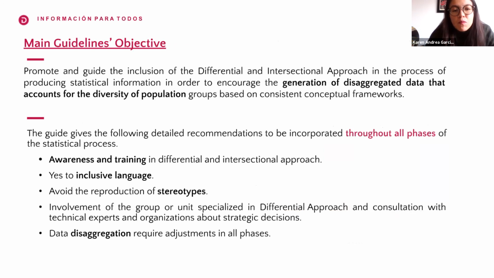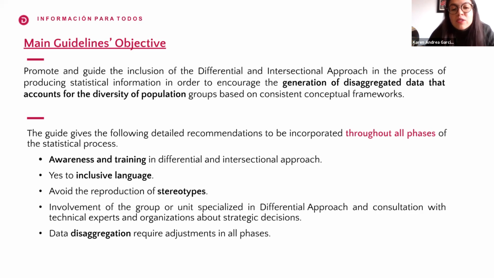Well, just talking a bit about the main objective of the document, we want to promote and also guide the inclusion of differential and intersectional approaches in the process of producing statistical information in order to encourage the generation of disaggregated data that accounts for the diversity of population groups based on consistent conceptual frameworks.